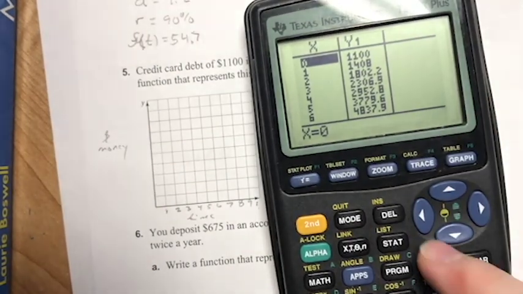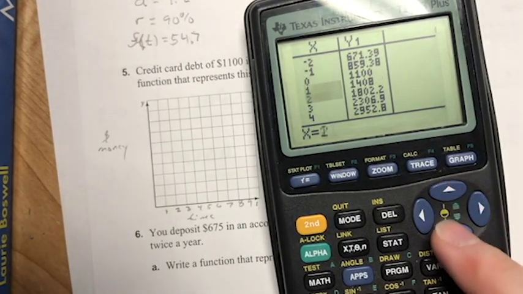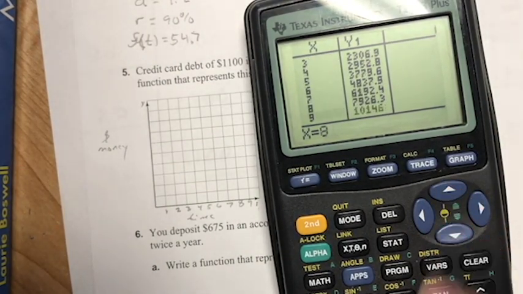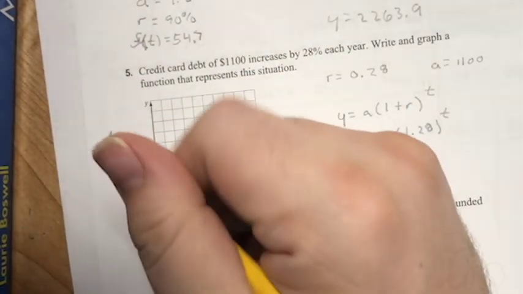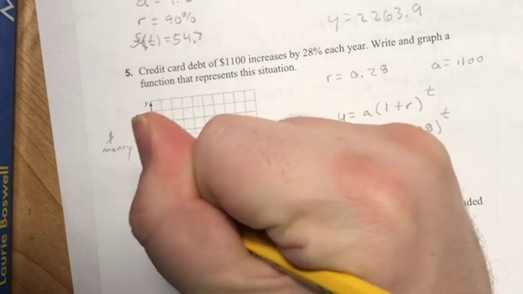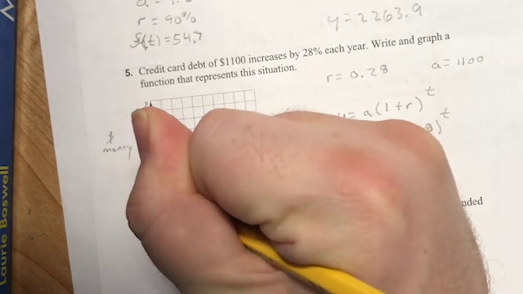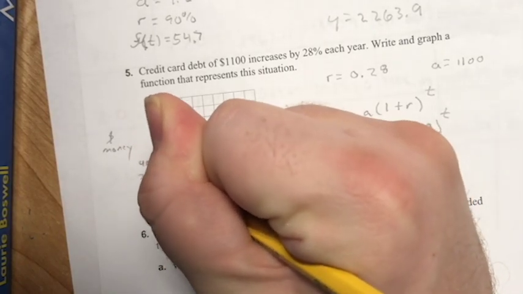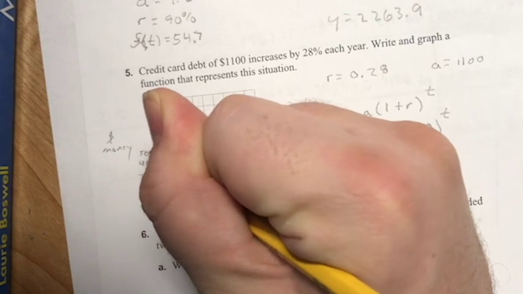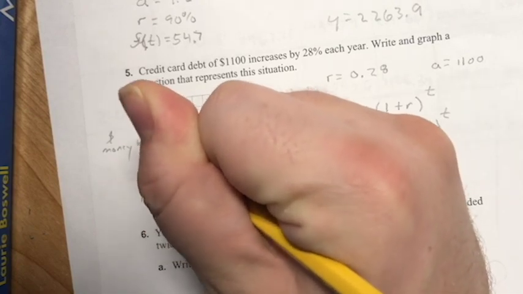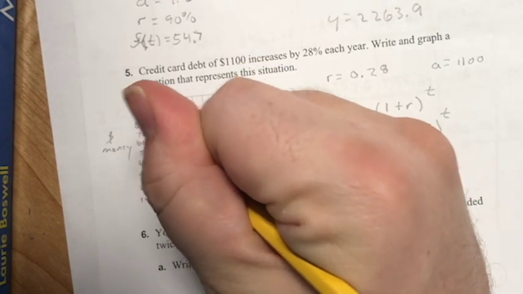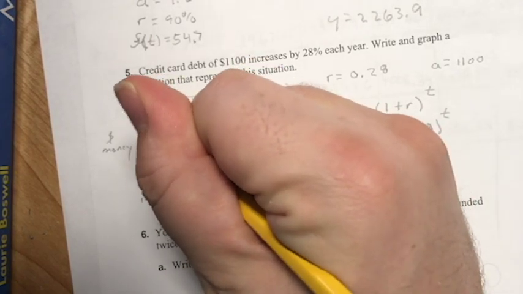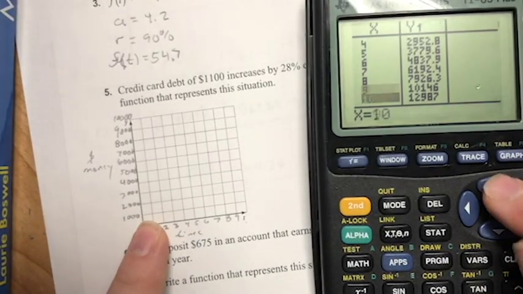So the reason why I'm going to say 1,000 is just because by looking at the pattern, it seems to be going pretty fast. So we'll go 1,000, 2,000, 3,000, 4, 5, 6, 7, 8, 9, and 10,000.